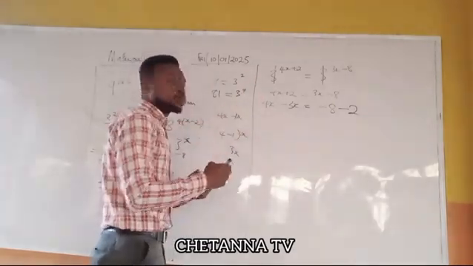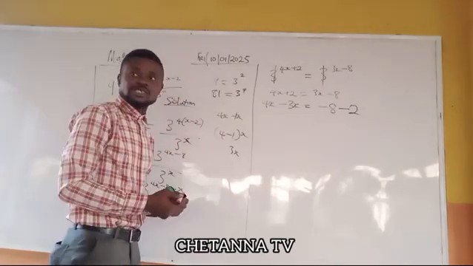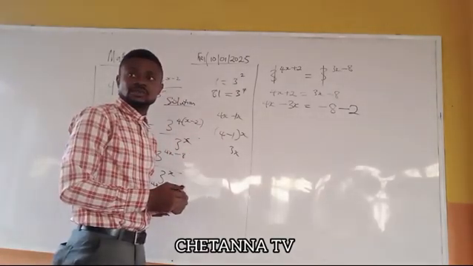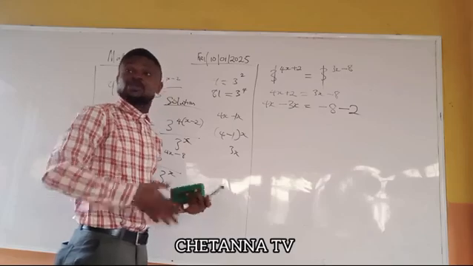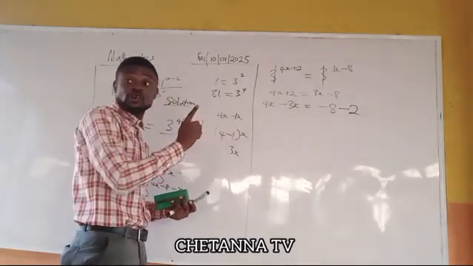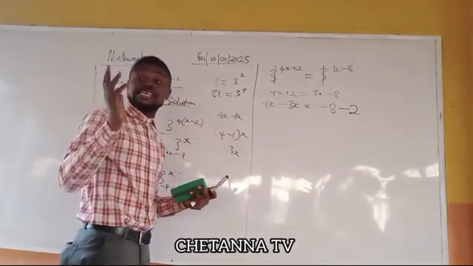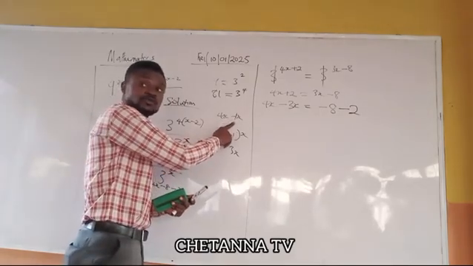4x minus 3x is what? Use what I did here now to answer that question. It's 1x, or just x. You don't say 1x. I just put it here to explain something. This one is invisible. I put it here because I want to use it to explain something to you.